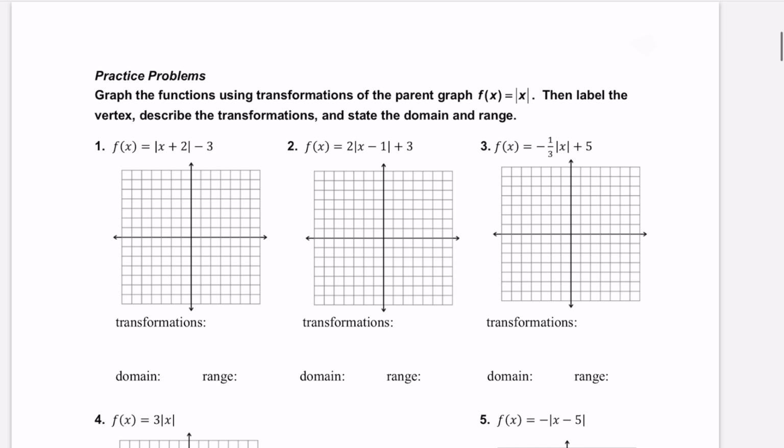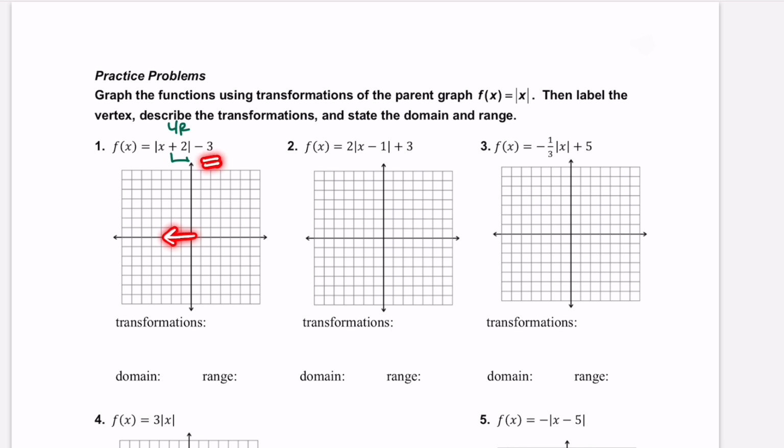Okay, so let's look at some examples. Let's look at number 1. We have a plus 2. This is the left and right shift. Since it has plus 2, the inside of the absolute value does the opposite of what you think it's going to do. So instead of going in the positive direction 2, it's going to go in the negative direction 2.